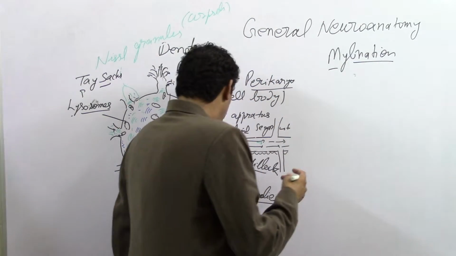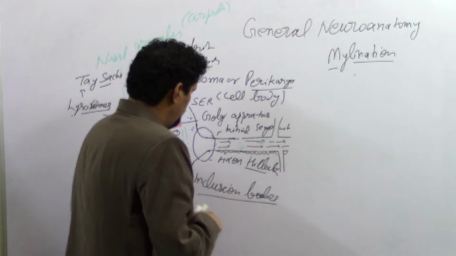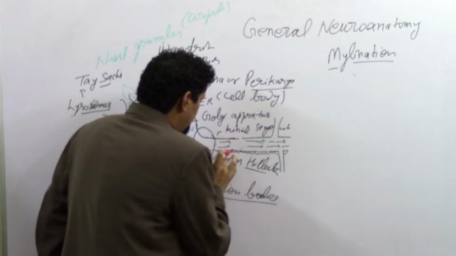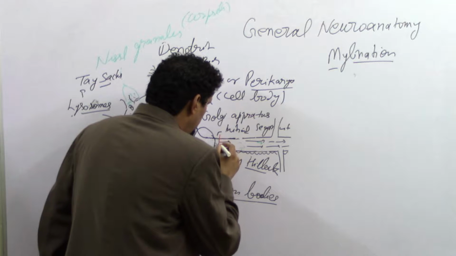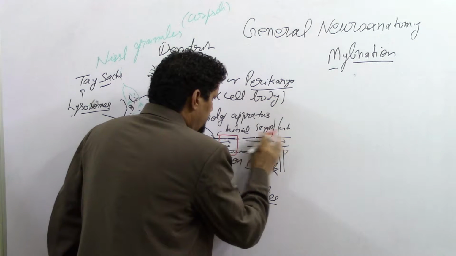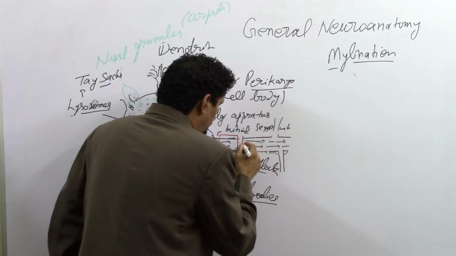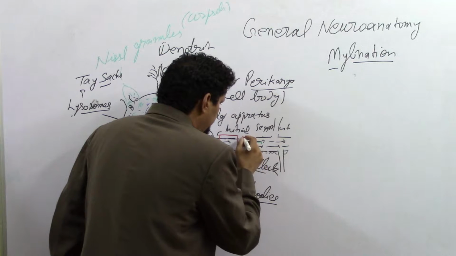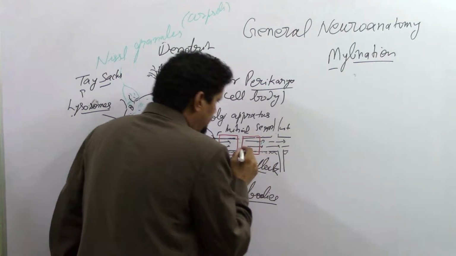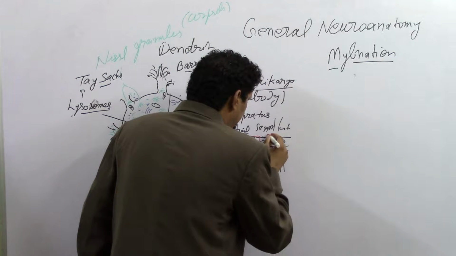It is a sheath that can be seen around the axon, at short intervals of about 1 to 3 millimeters in case of tracts and the peripheral nerves.